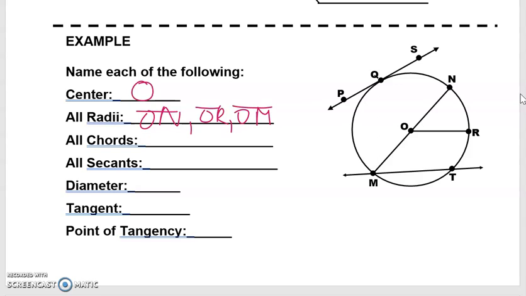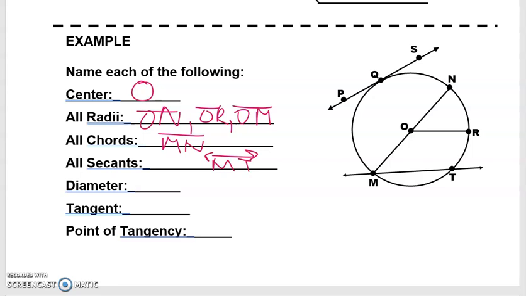All the chords. So that's going to look like M to N, because remember it has to be a segment. All secants, M and T, are both points that go through the circle, and notice the arrows extend out, so that's a line. So this is going to be line MT, so we need to put arrows above it.